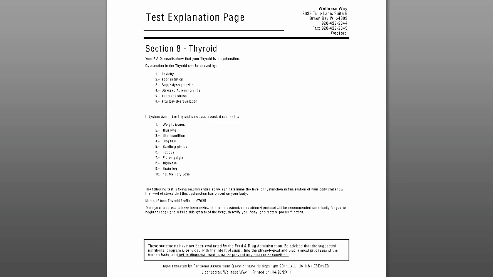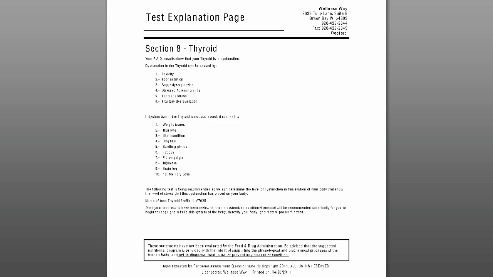So not only do you have that preliminary report to lay in front of them to create some value, and look at that and go, oh my goodness, what's going on with my thyroid? What's going on with my adrenal glands? Or, that really fits in with what I've been struggling with. So you have that report, which is awesome for creating value with the patient, but then you also have this test explanation page to create some value with the patient for doing that test.